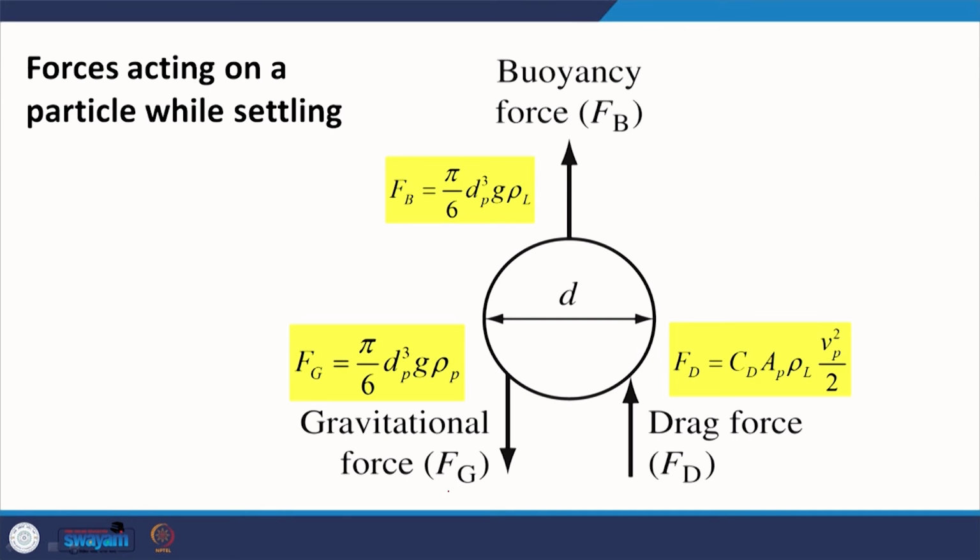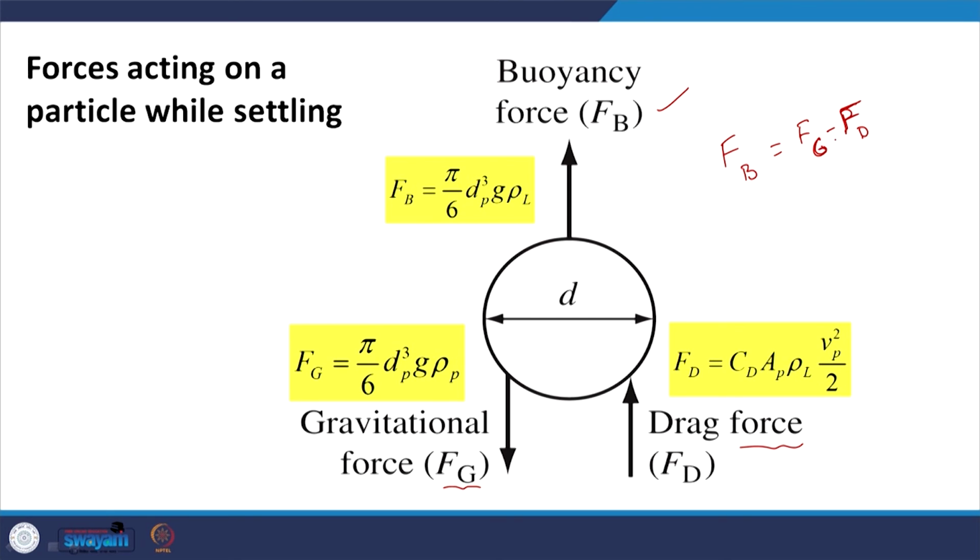On any particle, gravity pulls down, and for a particle in water, you will have buoyancy, and if it's moving down, obviously you will have the frictional force or the drag force. Let's see, Fb is equal to Fg minus Fd.